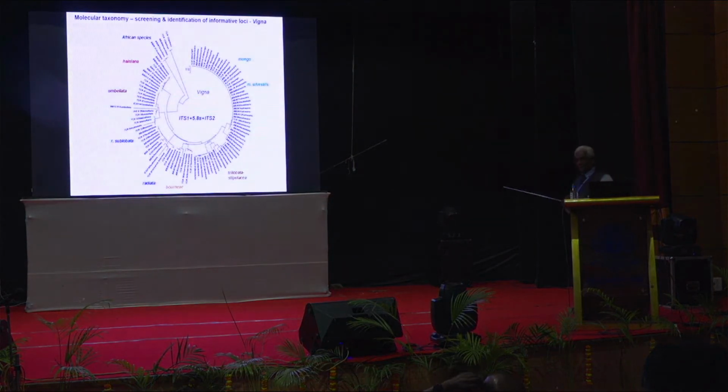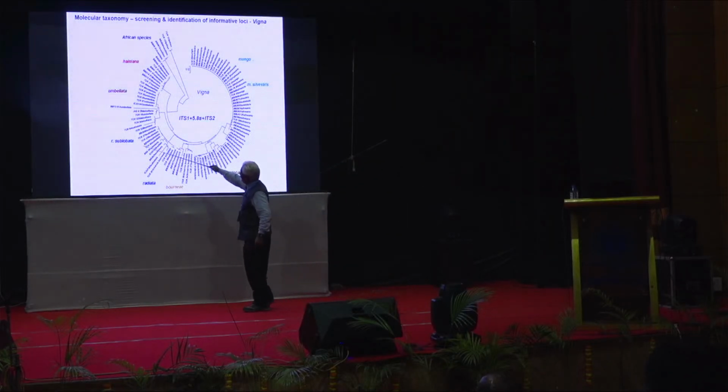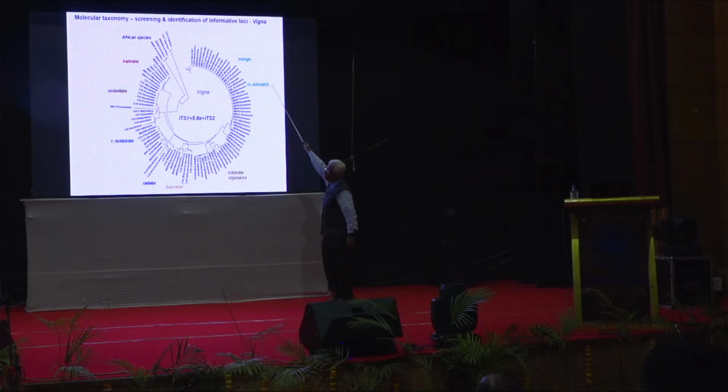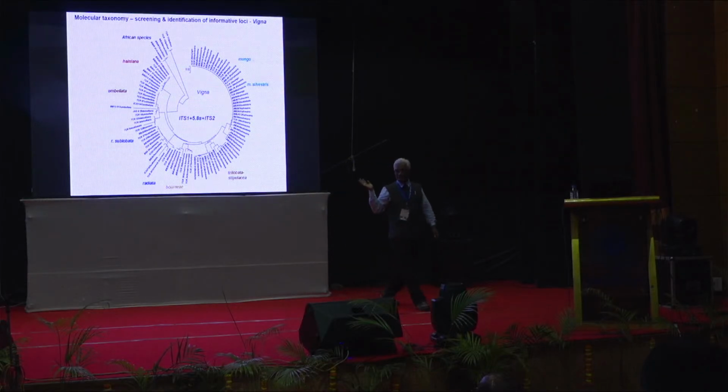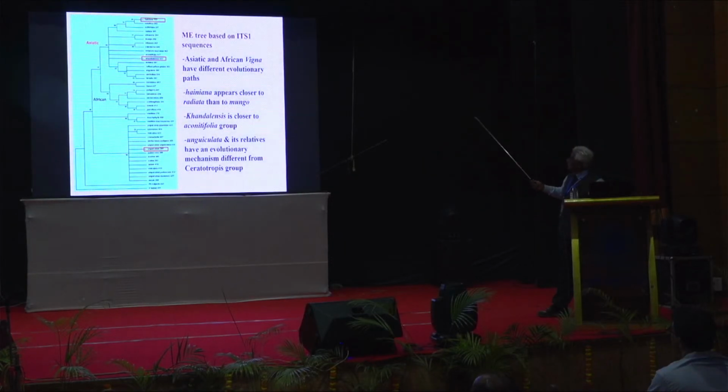Of course, I don't understand this, Professor Pandey can tell us, but anyway, Vigna umbellata and Vigna trilobata are close, initial species, closely related to African species, and then mungo, in more advanced species as far as molecular studies are concerned, which is in collaboration with others. Okay, so these are the molecular studies.